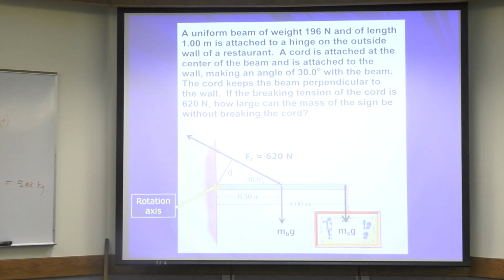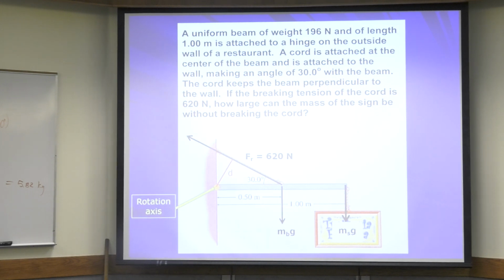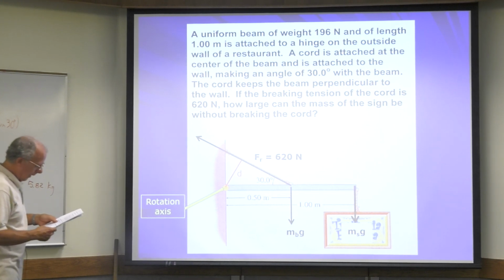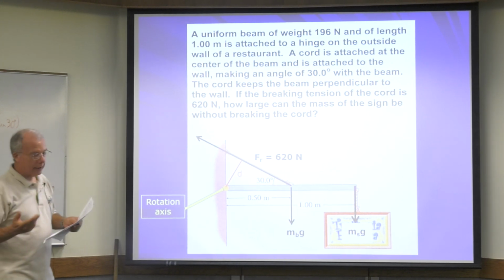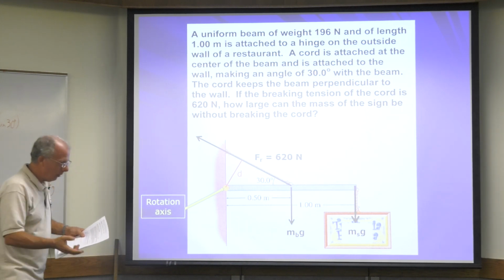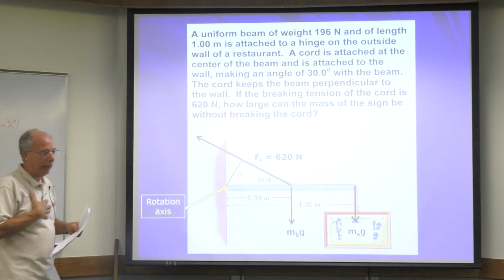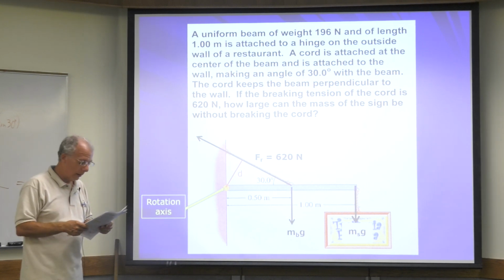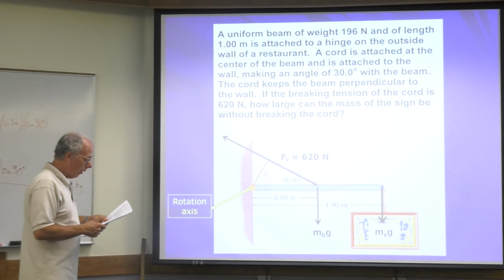Now, this one was nice because we just had to do the torque equation. We didn't have to do any force equations. Now, sometimes, like the next one, it's not so nice. I always start with torque, so I think that's wise. Start with torque, but then you might have to do some force equations as well. So let's quit.